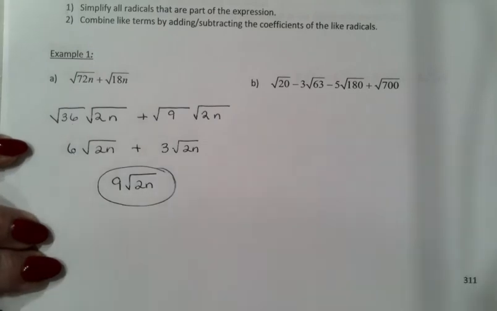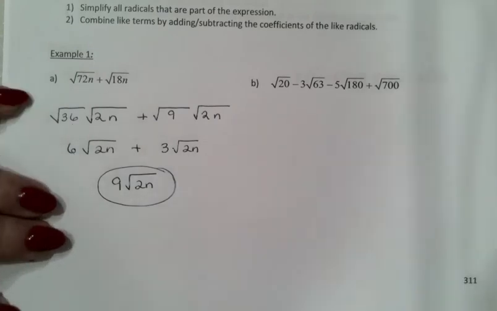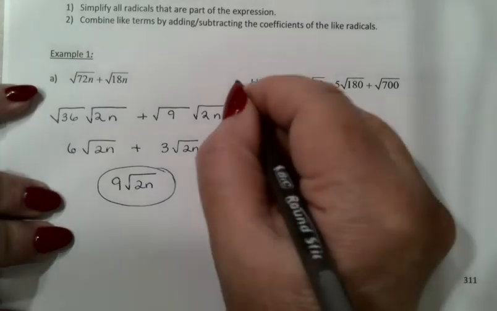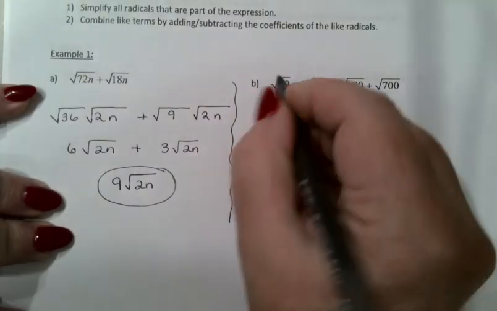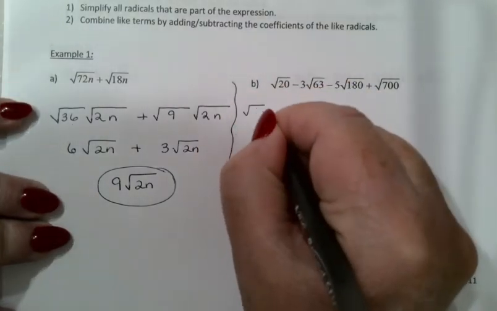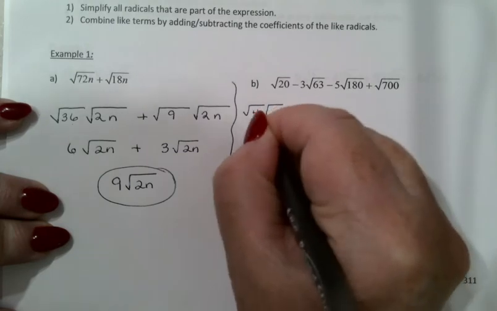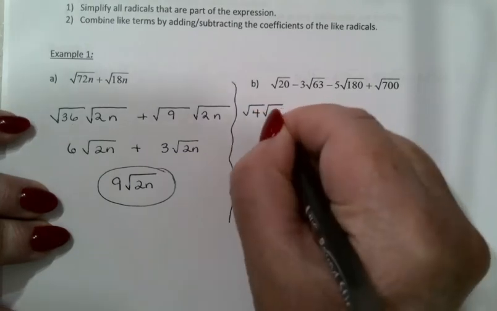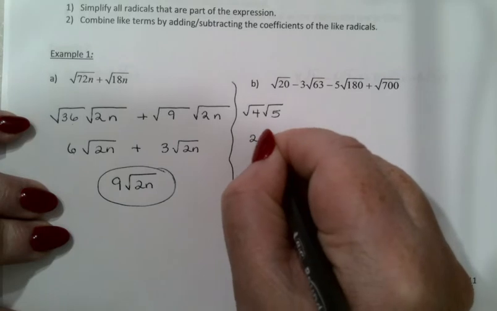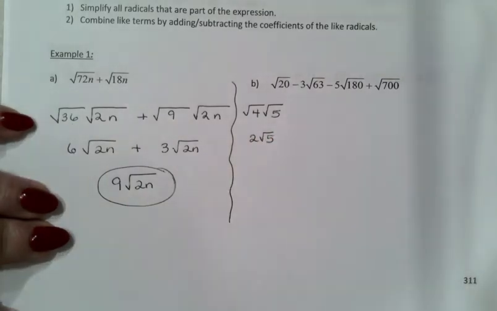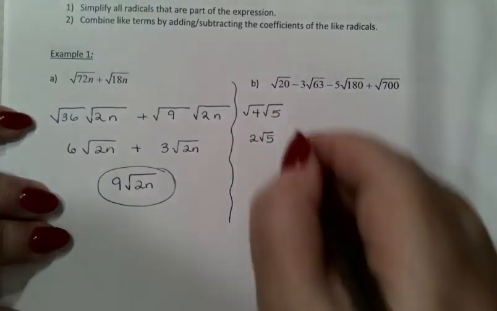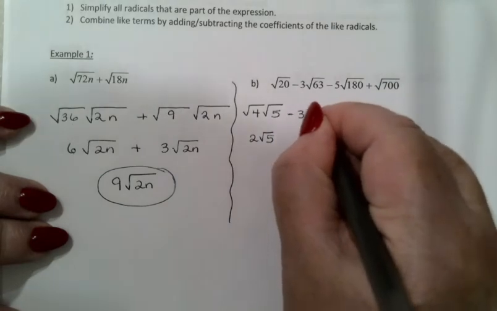All right, what about part B? Lots of radicals to simplify here, so let's work on that first. Square root of 20, I'm going to go with 4 and 5, which would give me 2 square root 5, minus 3 times.